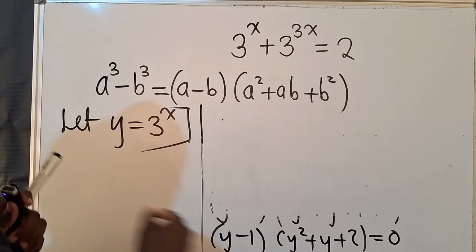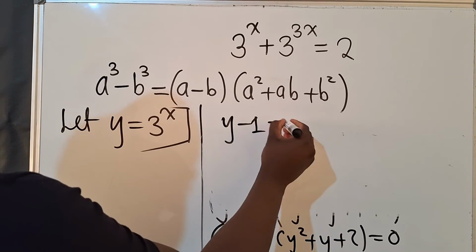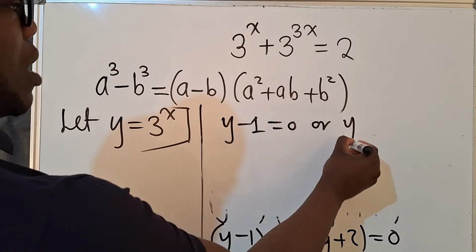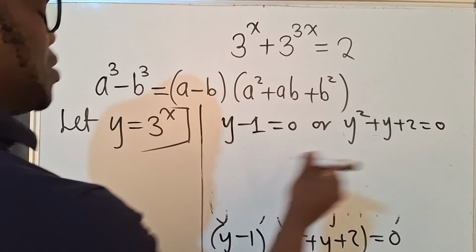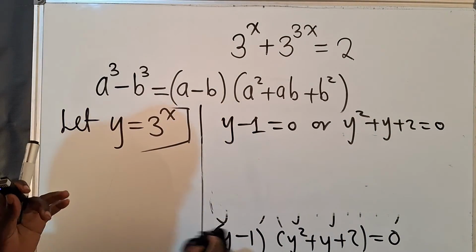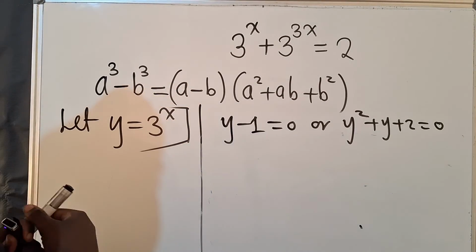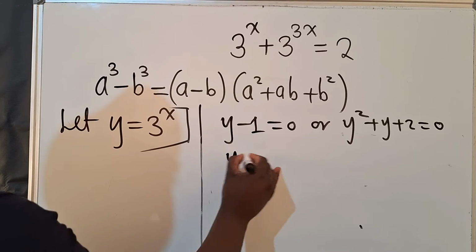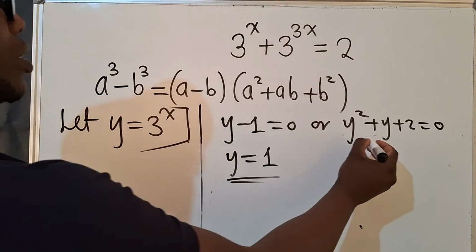So now solving these two equations, we've got y minus 1 is equal to 0, or y power 2 plus y plus 2 is equal to 0. So I'll solve the first one. This one will be y is equal to 1. So this is the y value for this one.